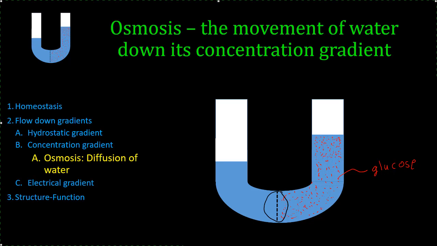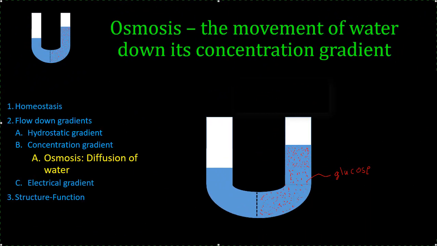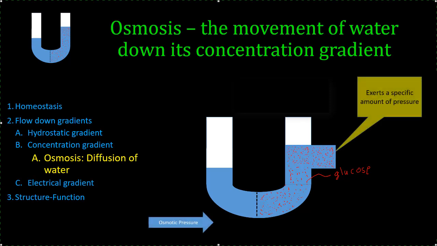And water will continue to move down its concentration until the forces moving water from the left-hand side to the right-hand side are equal to the forces pushing water from the right-hand side to the left-hand side. Okay, osmotic pressure is pushing water from left to right, and that water has a weight. So that weight exerts a specific amount of pressure in this system.